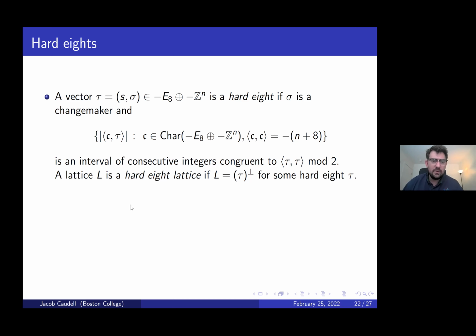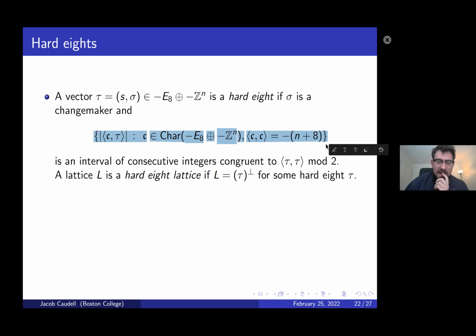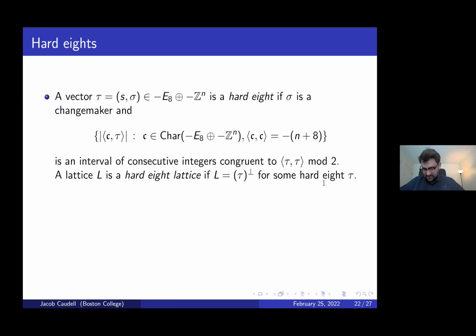And so I say that a vector tau in E8 plus Z^n is a hard 8 if, first and foremost, sigma is a changemaker, and this wacky set of pairings of characteristic elements of this lattice of a given norm against tau is an interval of consecutive integers congruent to the self-pairing of tau mod 2. This is in essence the same thing as a changemaker, but your ambient lattice is different.